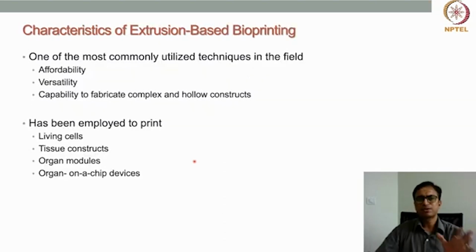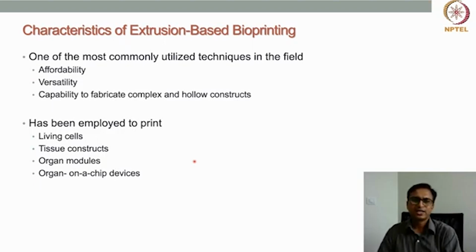Let's discuss some of the characteristics of extrusion-based bioprinting. In the earlier sections, we discussed inkjet-based bioprinting in detail, including its possibilities and characteristics. Now, if you talk about extrusion-based bioprinting, the most important characteristic is that it is highly affordable.